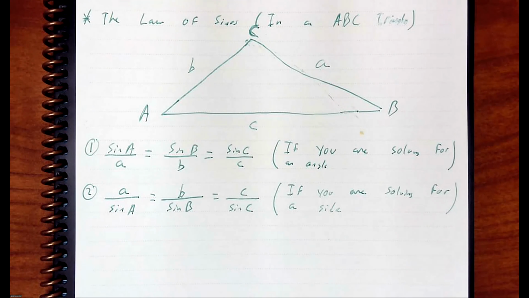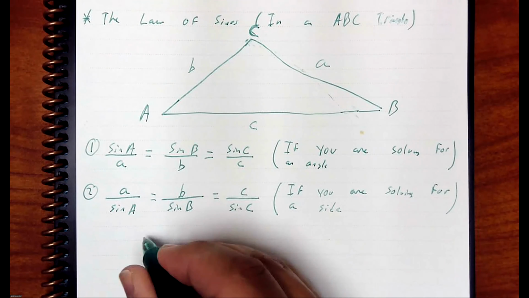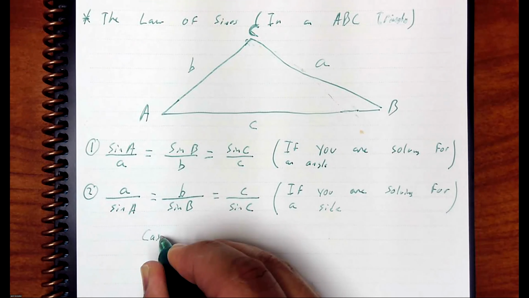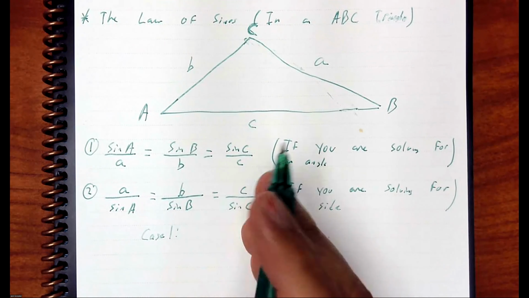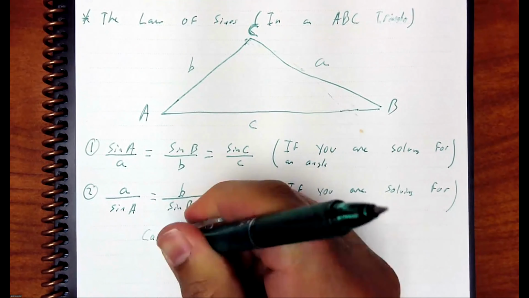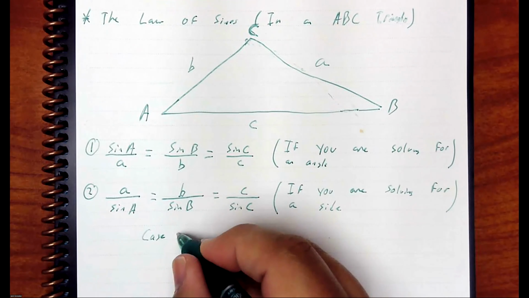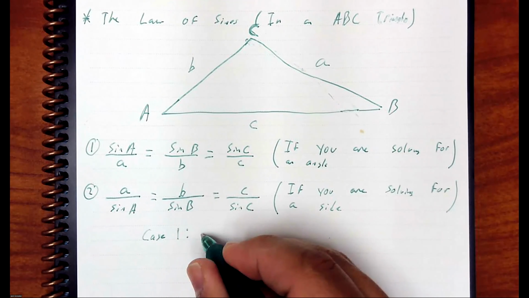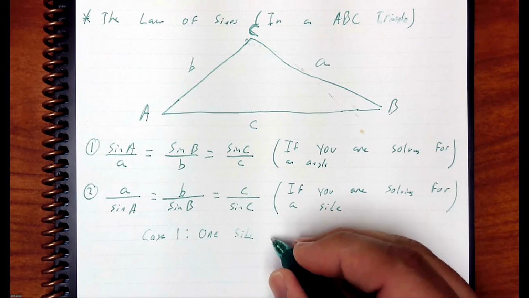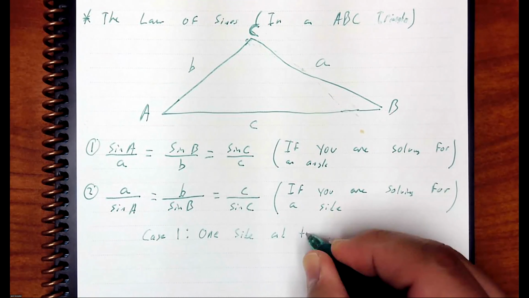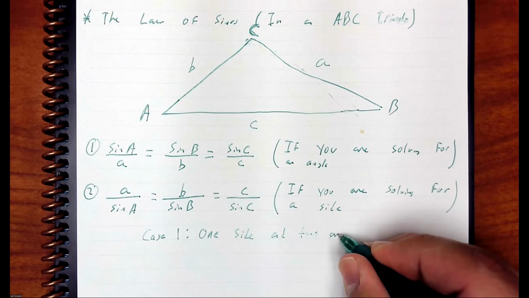Okay, so here are the four cases. Case one, one side and two angles, ASA or SAA.